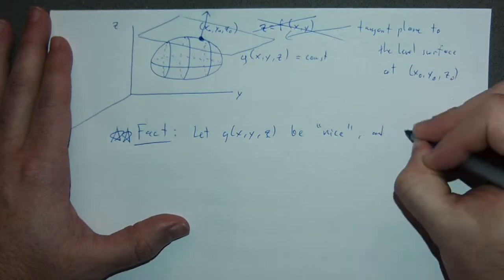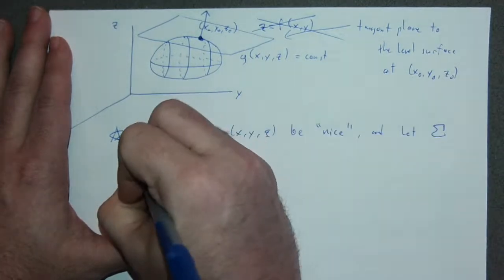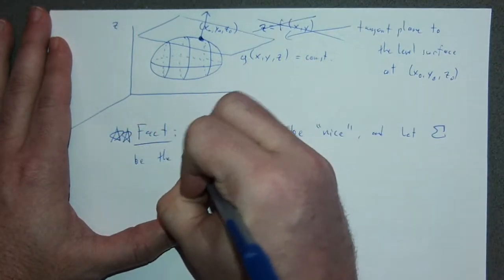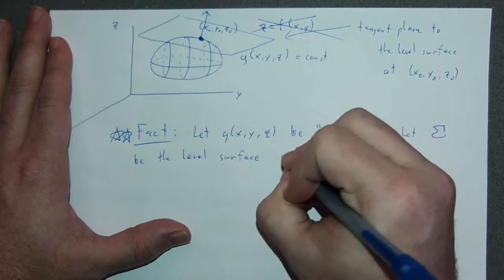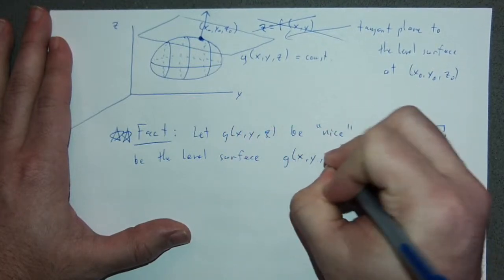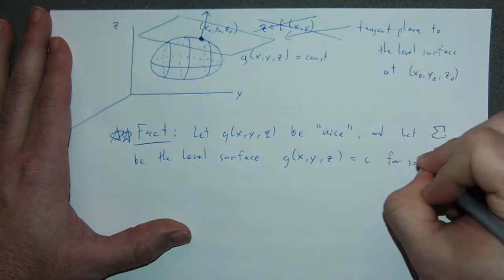And let sigma be the level surface g of x, y, z equal to c for some constant c.